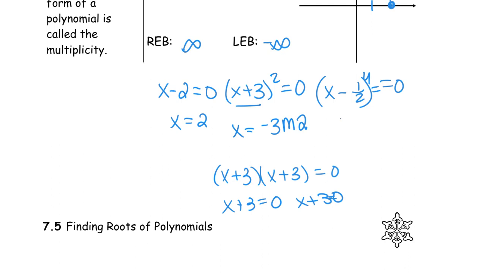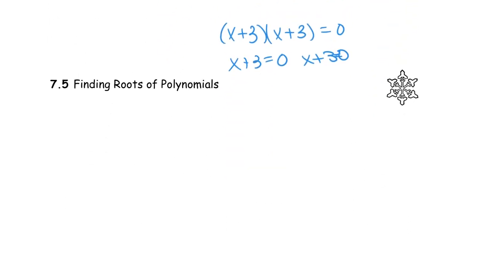The next one is going to be x equals 1/2. What's the multiplicity going to be? 4. Like a quadratic, it's going to bounce as well, but it's going to get a little flat at the root. So just to give you an example, do you agree that's a line? And you see how it goes through the root?